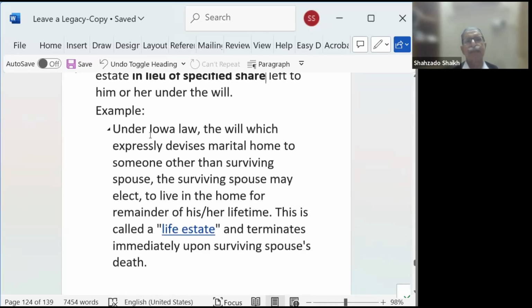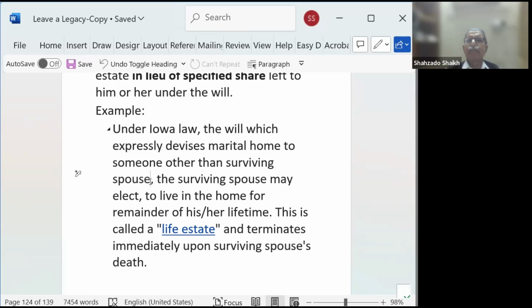Example, under Iowa law, the will which expressly devises the marital home to someone other than the surviving wife. In Islam also, if the house is given to somebody else and not to the wife, you cannot expel the wife from the house, even though it has not been given in the will, and even though she is not entitled to it as a share, because her share is less.